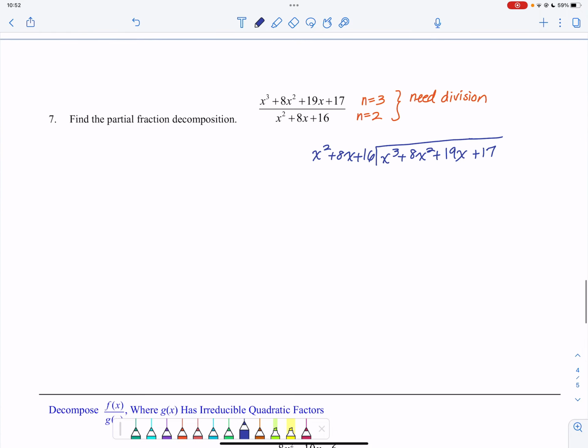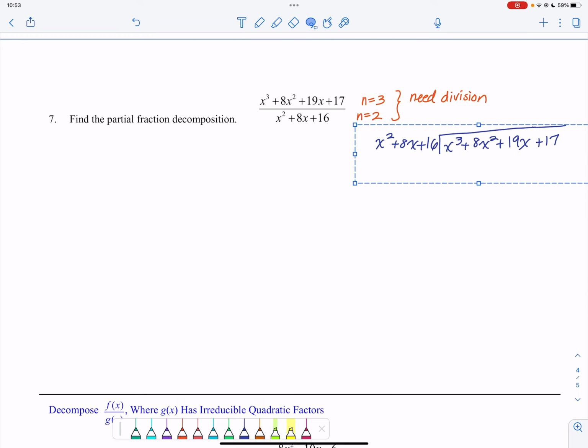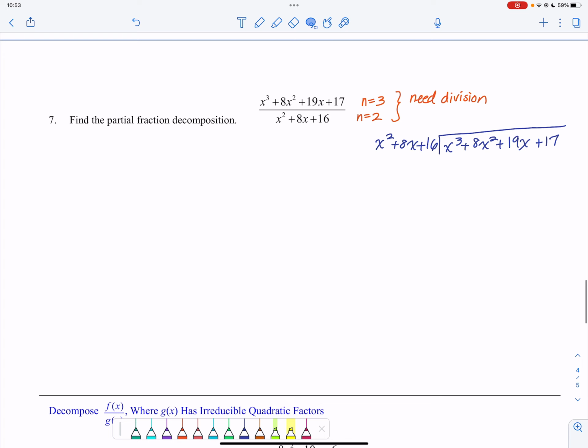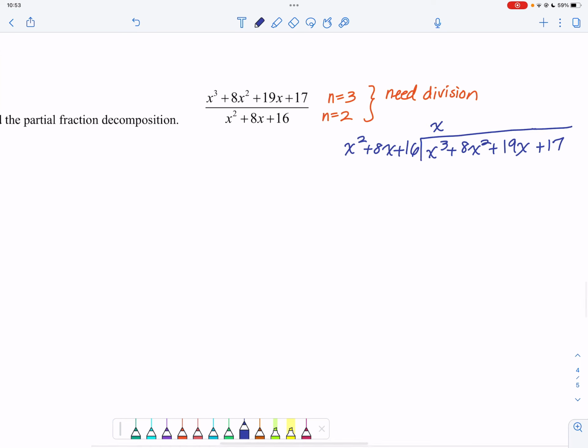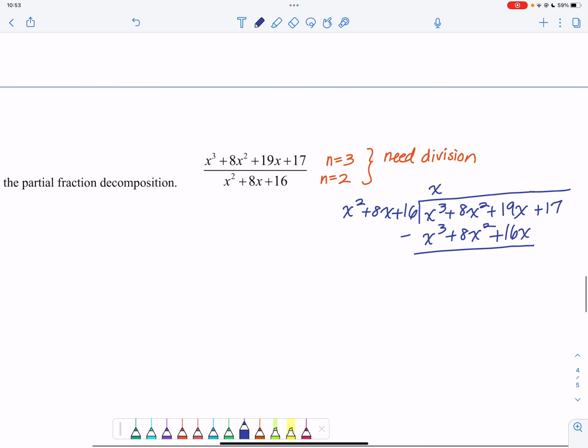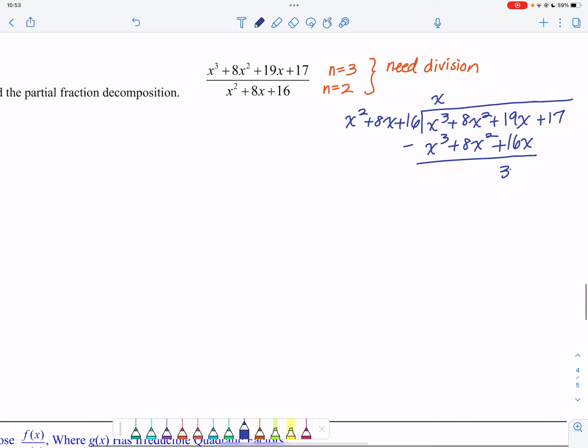And work right over here. And now we have an x. So now we have x cubed plus 8x squared plus 16x. We will subtract, and we end up with 3x plus 17.